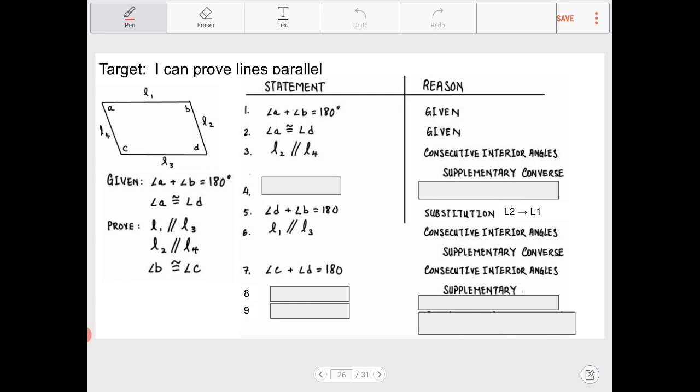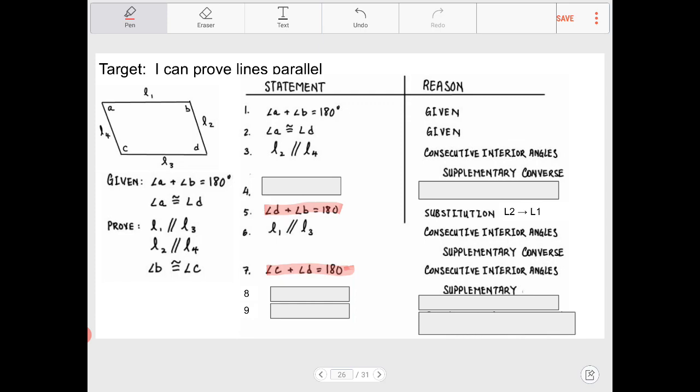And then, as a result of this, if you notice, and I'm going to use a highlighter now, I have C plus D is equal to 180. And then I have D plus B is equal to 180.